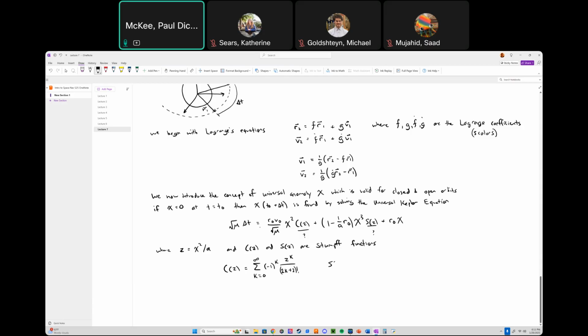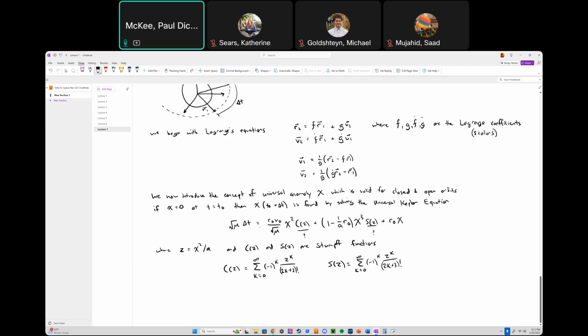And then S of Z is the sum from k equals 0 to infinity of -1 to the power k, z to the power k over (2k+3) factorial.